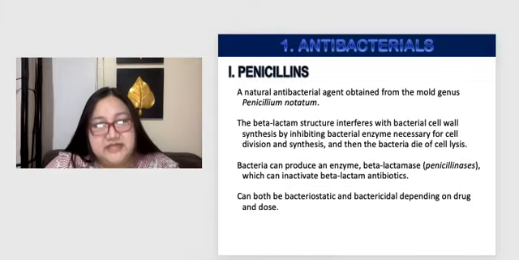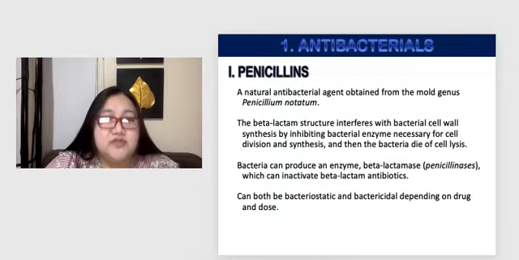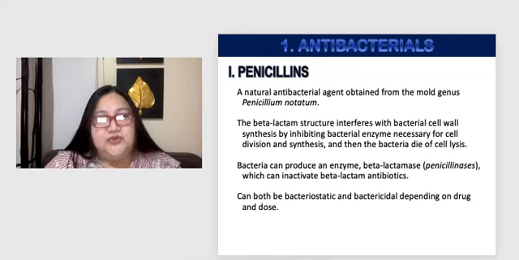Now, the penicillin has a beta-lactam structure. And that beta-lactam structure interferes with the bacterial cell wall synthesis. And that's the reason why nai-inhibit yung bacterial enzyme para magkaroon ng bacterial division. Therefore, nagkakaroon ng bacterial cell death. Okay? Ang kaso, no, maraming bacteria ang nagpo-produce ng enzyme.